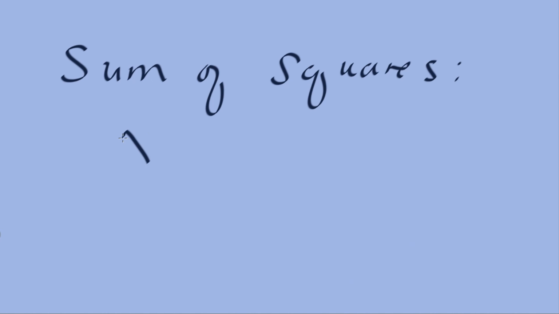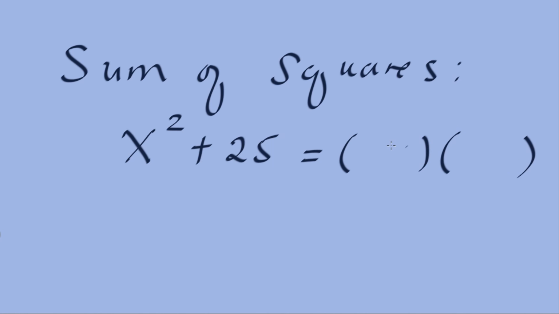Okay, so let's go back to our sum of squares. Let's say you're asked to factor x squared plus 25. The most typical answer that we get is x plus 5 and x plus 5 for this sum of squares.